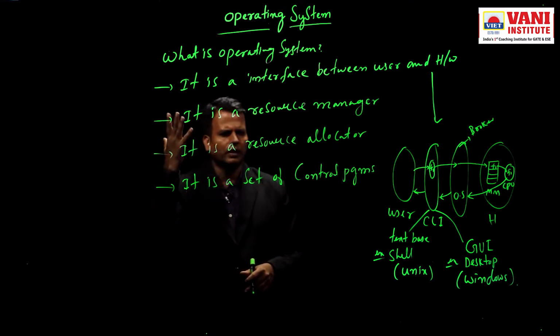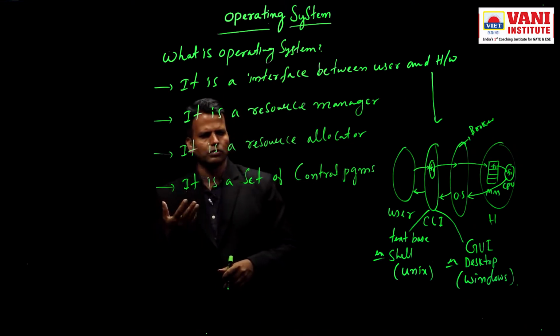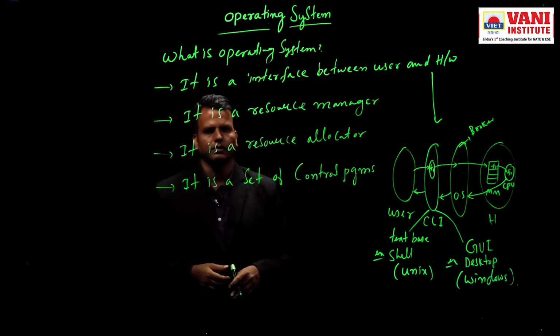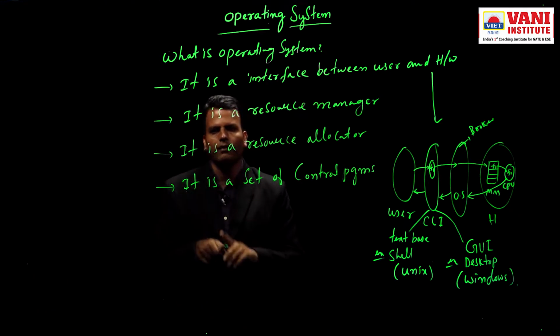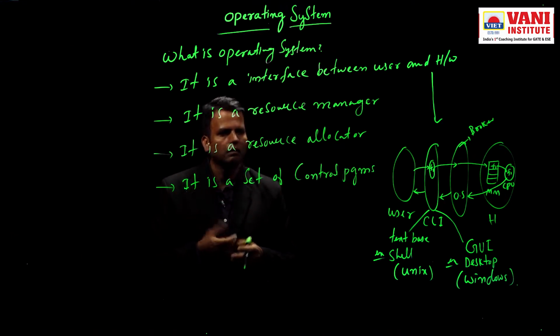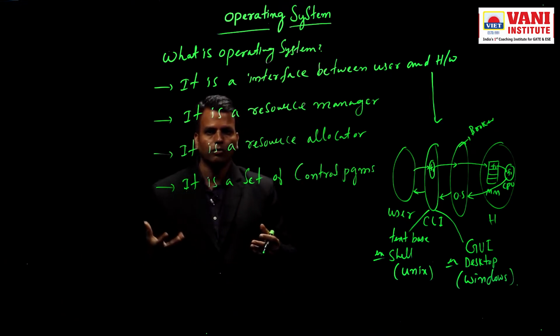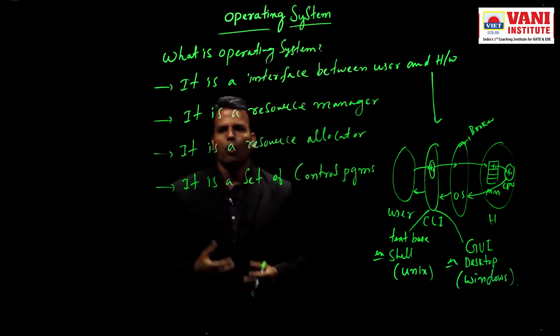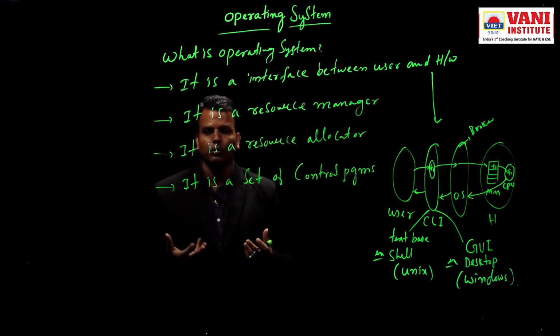Now the third definition is also very similar to the second one. Instead of telling managing, here we are telling allocation, because as you are typing any file, who is allocating the hard disk to a file? The operating system. And if you want to execute any process, you need to bring that process from hard disk to the main memory. Who is allocating memory to the process?